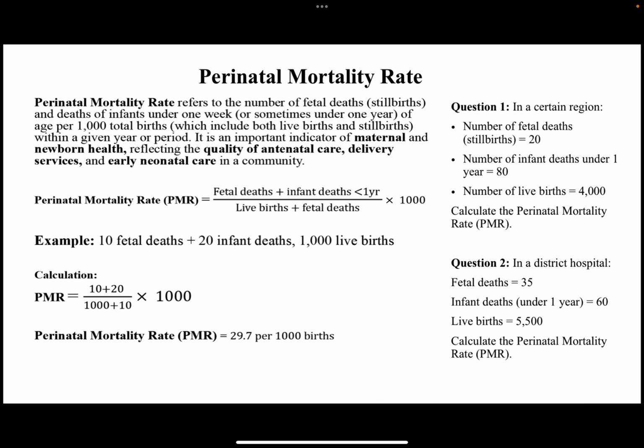What is the live birth from the question? 1,000 live births. Okay. Then you add it to the fetal death again. What is the fetal death? 10. Then you multiply by 1,000. So, you are going to have the perinatal mortality rate as 10 plus 20 all over 1,000 plus 10. Then you multiply by 1,000. In the end, you get 29.7 per 1,000 births.